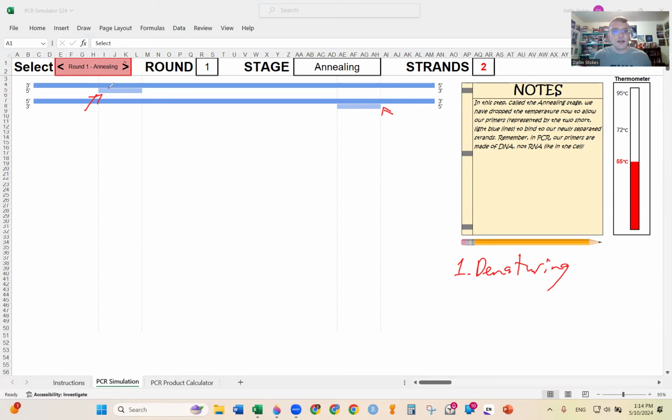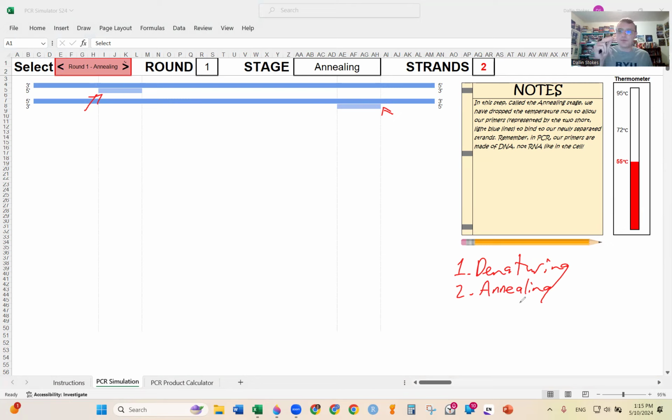Now notice there's two different primers involved in the reaction. You always use two primers, one on either side of the sequence that you're trying to amplify. So this second step here is called the annealing step. The word anneal is the term that we use when DNA strands stick together.